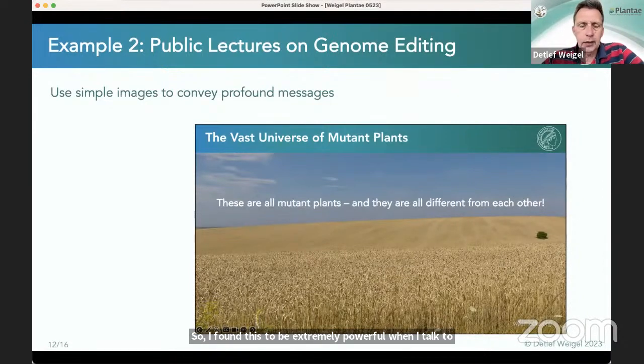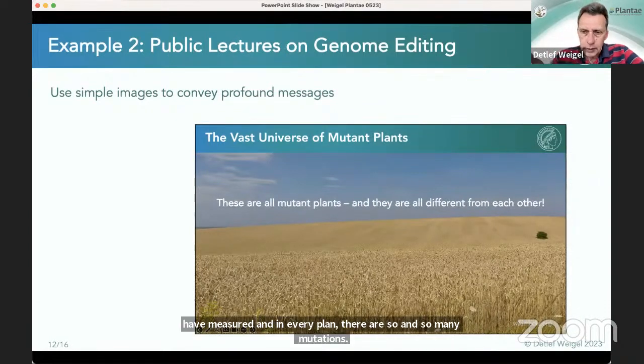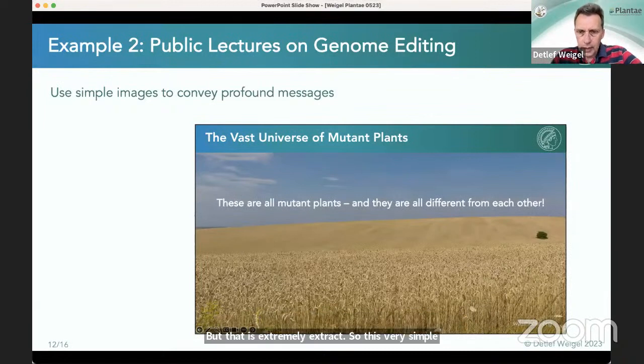So I could say, you know, these mutation rates that we have measured, and in every plant there are so and so many mutations, but that is extremely abstract. So this very simple visual where I show this field of cereal, and then just tell the audience, look, here is this field of cereal.